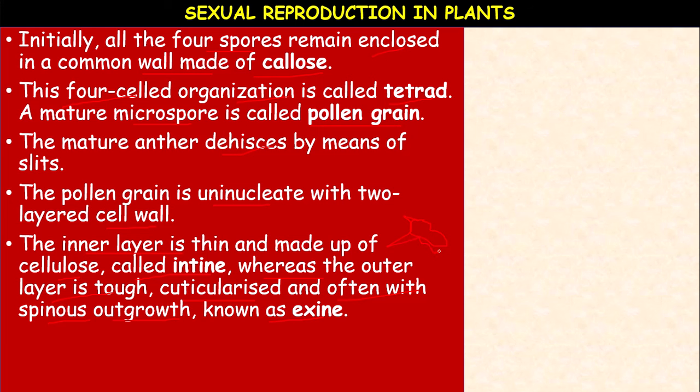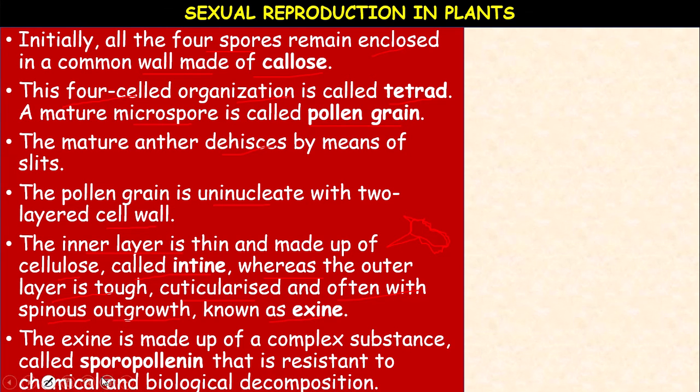The exine is made up of a complex substance called sporopollenin, that is resistant to chemical and biological decomposition.